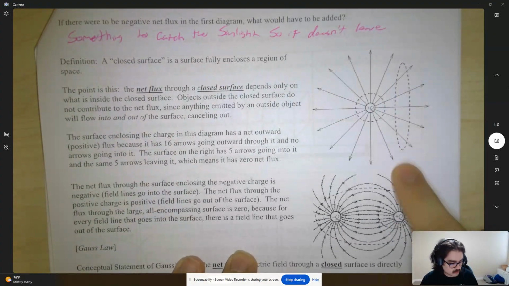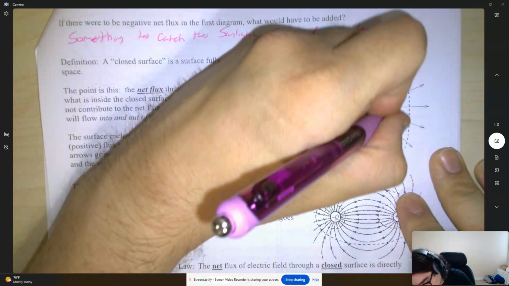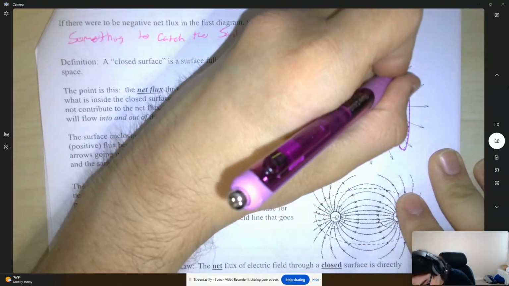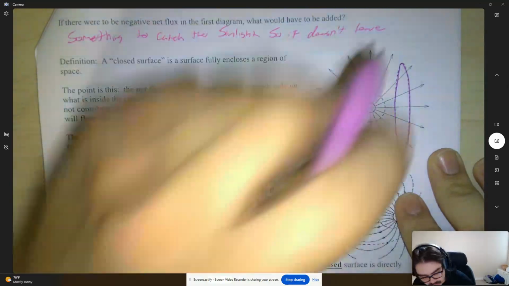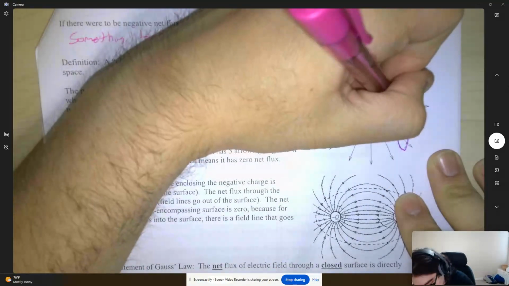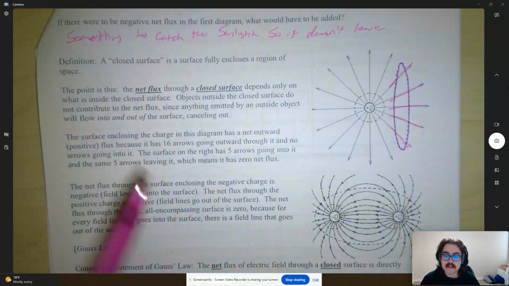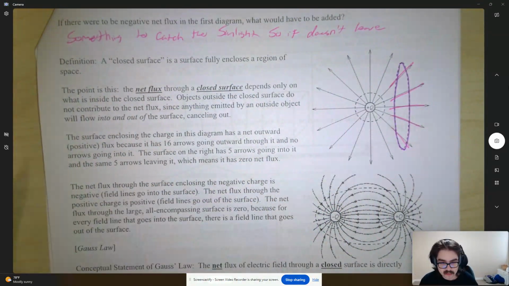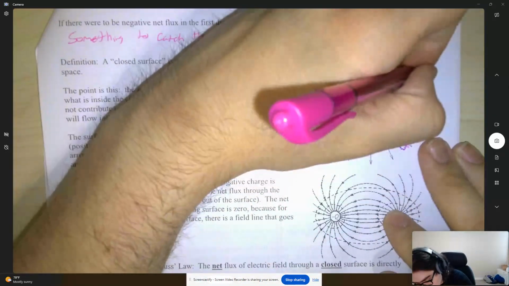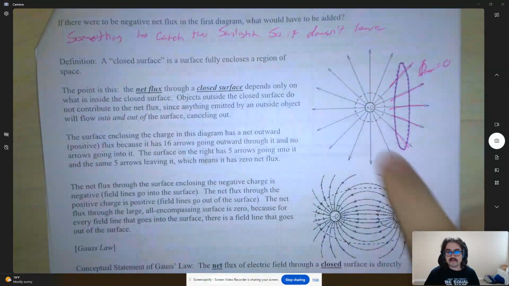Example, here's your closed surface right here. It's this little oval. And you notice that every line that enters that surface also exits. Do you see that? That's because there's a charge on the outside of the surface. So here, your net flux is going to be equal to zero if you have something outside of it.